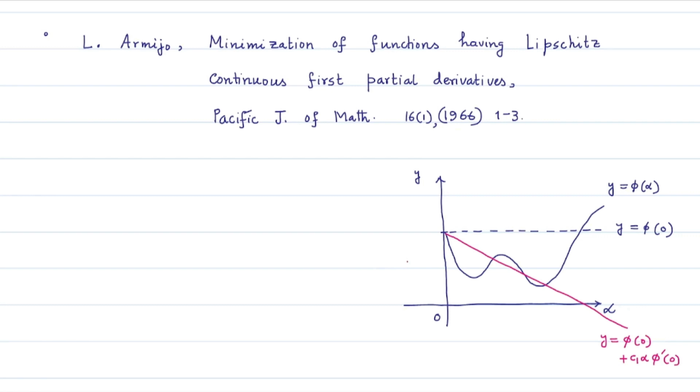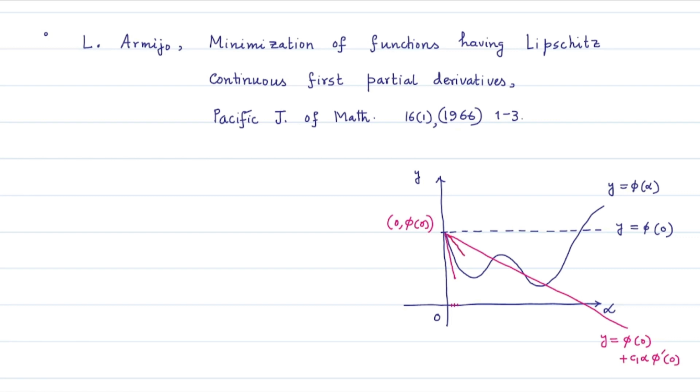But we have seen in the Armijo rule that if we go for employing alpha values which are giving us function value of y equals to phi alpha below this pink line, then we may have the cases where the step lengths are too short. To avoid this too short step length, what we do? We consider another line passing through 0, phi 0 so that that line lies in between the tangent and the line of the Armijo rule.